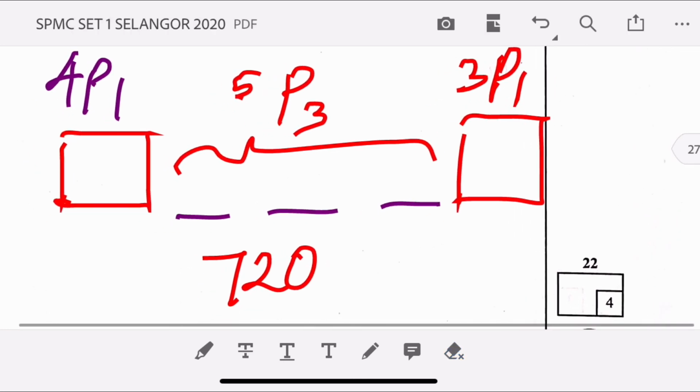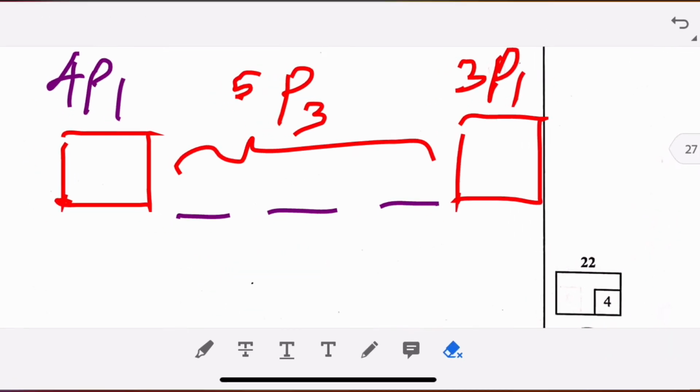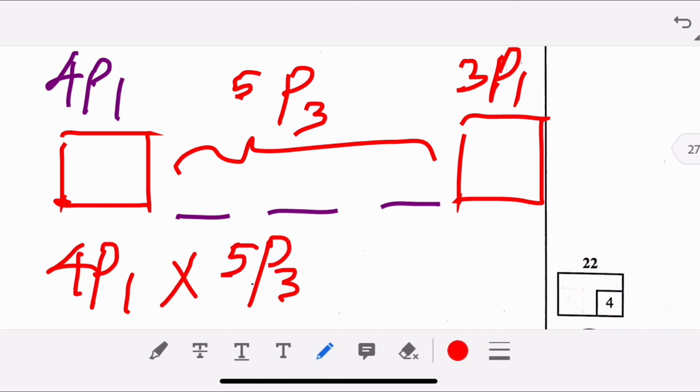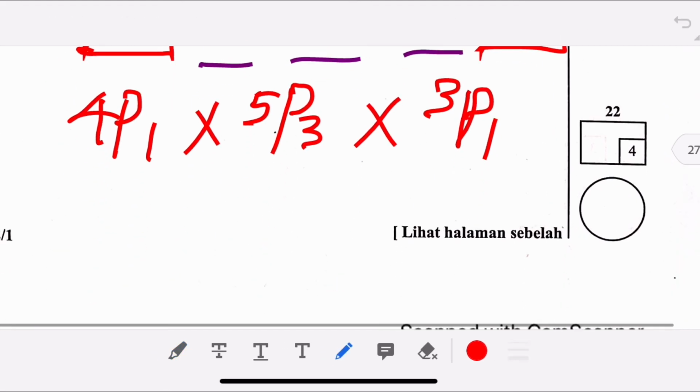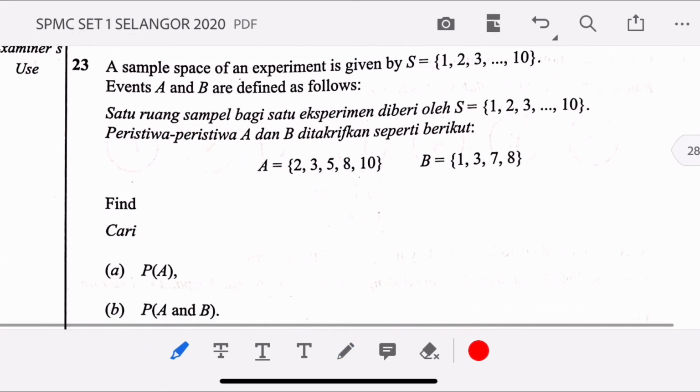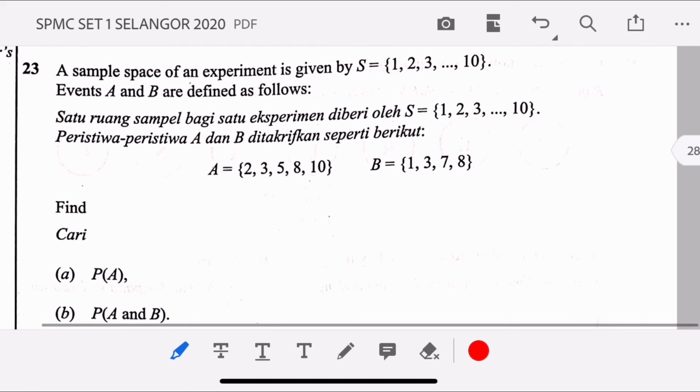Let's write down the working: 4P1 times 5P3 times 3P1, which produces the answer 720 ways. Alright, so we have completed question 22.